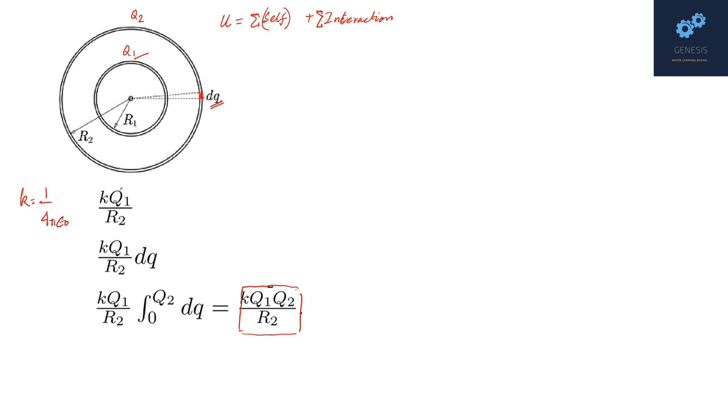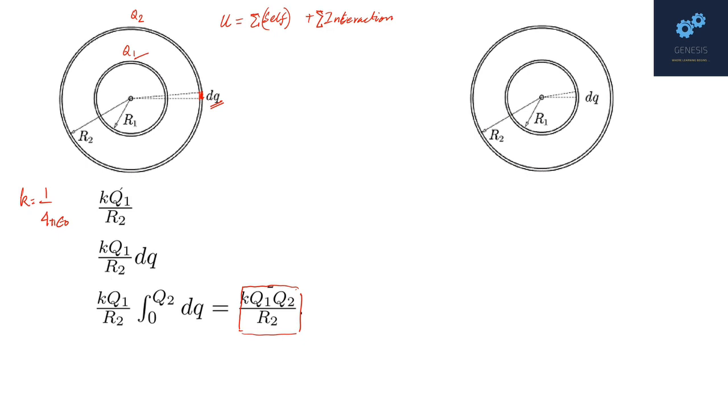Now we could also have taken the element on the inner shell. If I take the element dq on the inner shell, then this point is an inner point for the q2 shell, or the outer shell.